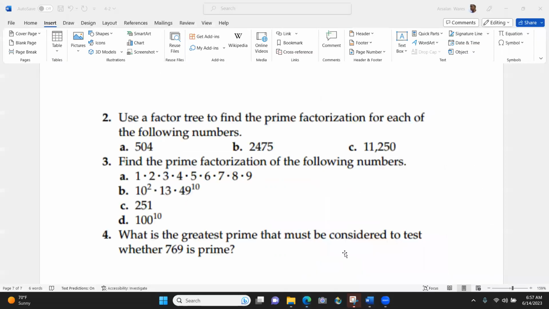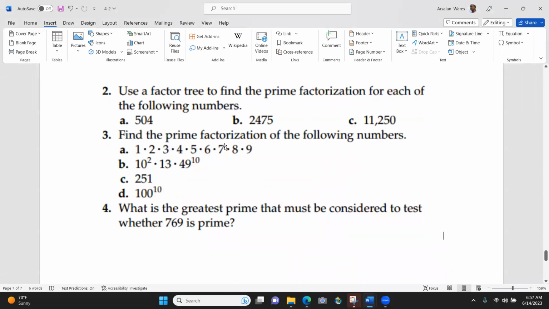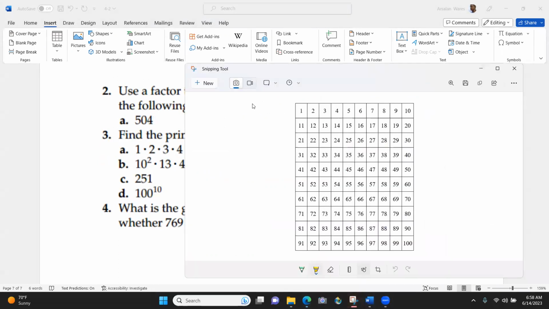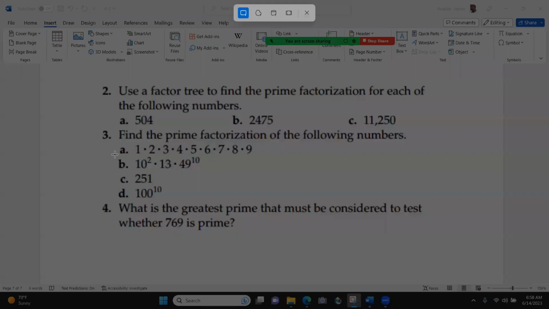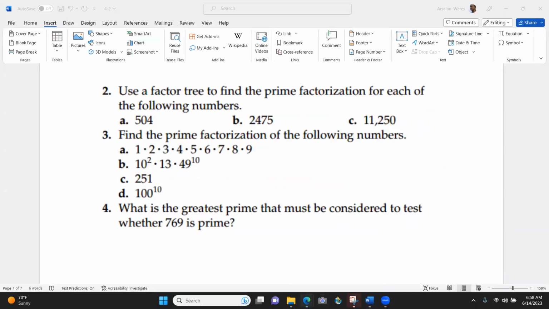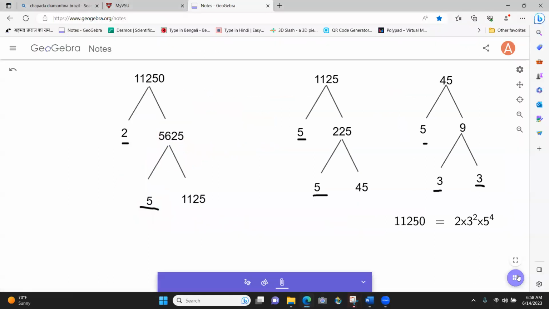Let's see what else. Let me try part B. Find the prime factorization. I'm going to try this. It's not as bad as it looks.